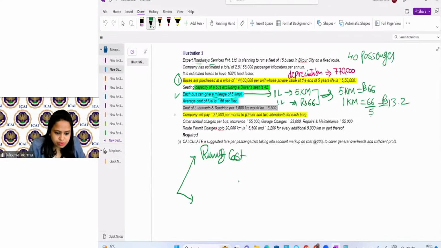So the cost per kilometer is coming as rupees 13.2, right? Let me write it here.